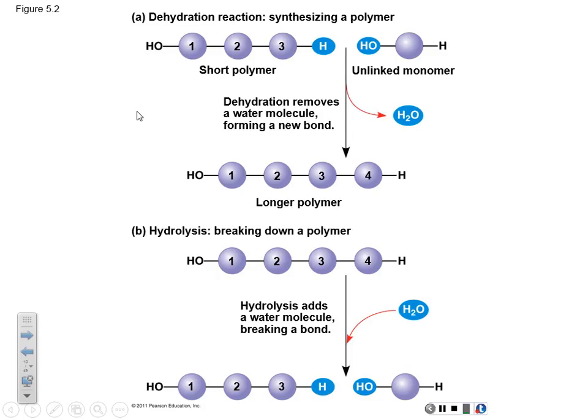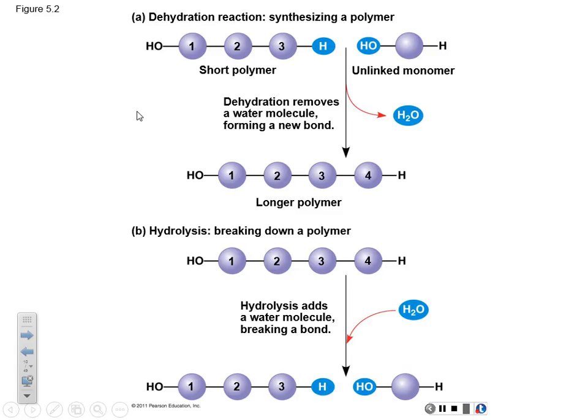You have an unlinked monomer, a free-floating guy that's just bopping around. When you link the trimer to the monomer to make, as they call here, a longer polymer, if you want to be fancy, you could call it a tetramer, right? When you add that monomer on, you kick out a water molecule, a hydroxyl group from the incoming monomer and a hydrogen from the existing polymer chain.